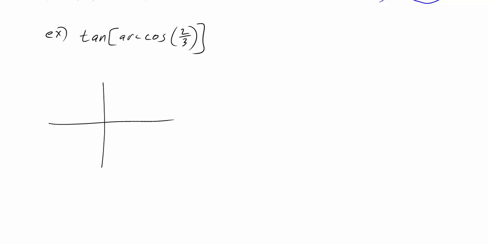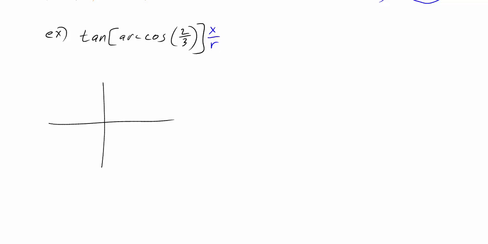If we're thinking about the cosine, then we know that cosine is really x over r. So this is representing x over r. The arc cosine of 2/3, remember, the 2/3 is the x over r, and we're looking for the angle.